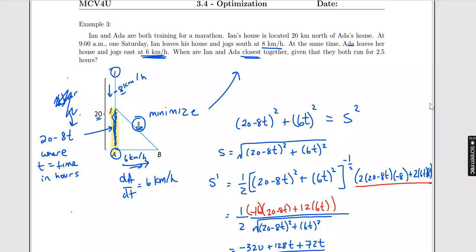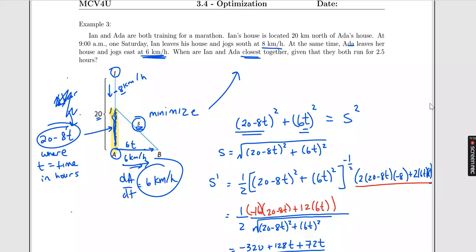Well, what do we have here? We have a right angled triangle, so a squared plus b squared equals c squared. So this distance would be 6t. The reason for that is 6 kilometers per hour, 1 hour passes, distance traveled is 6. 2 hours pass, 6 times 2 is 12, and so forth.